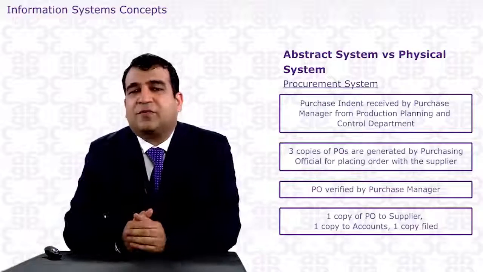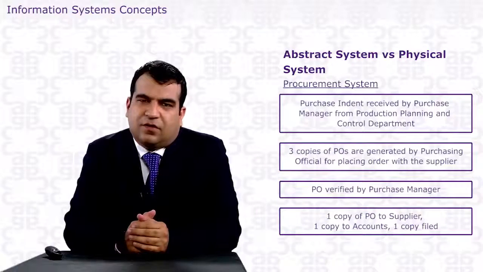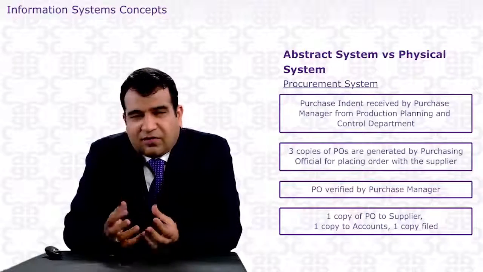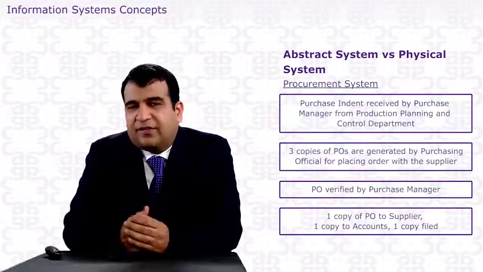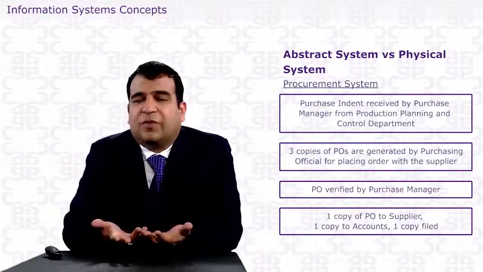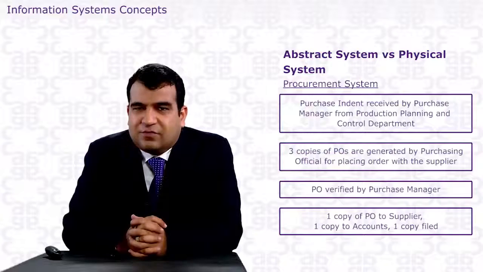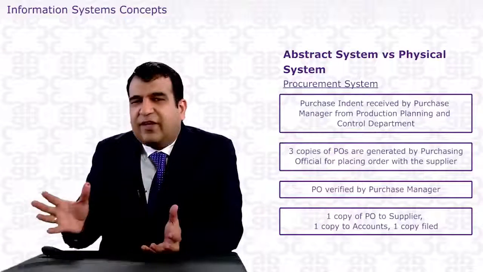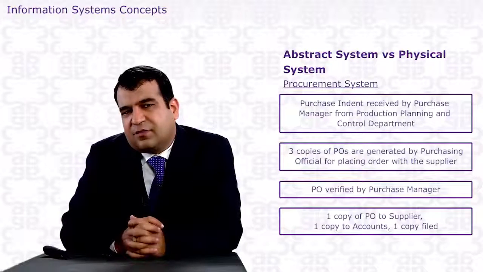That is what an abstract system is. We may call it a flow chart, we may call it a business model, we may call it by any other name, but we can also call it an abstract system. So an abstract system is nothing but a flow chart or a drawing of the entire system.